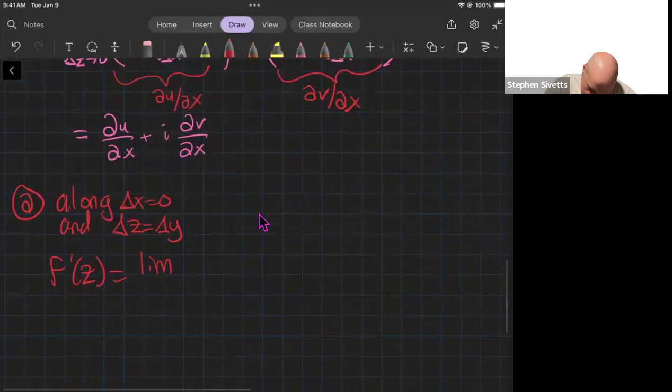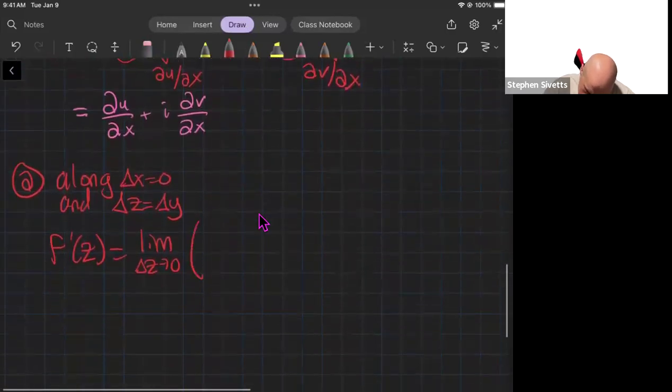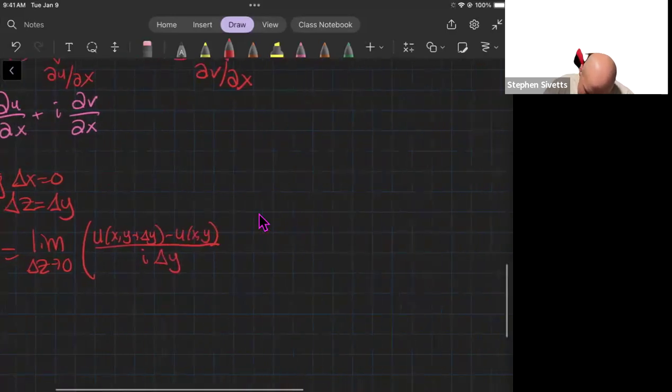So the limit as delta z goes to 0. What that will reduce down to is, the u's would be u of x, y plus delta y, minus u of x y, over i times delta y.